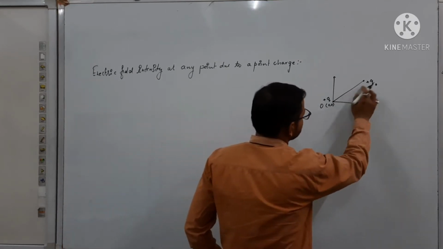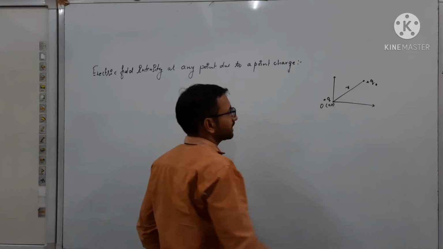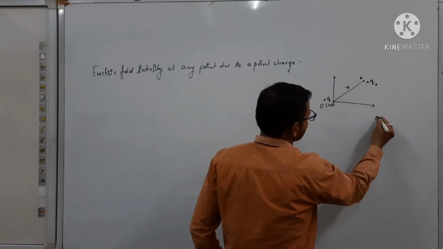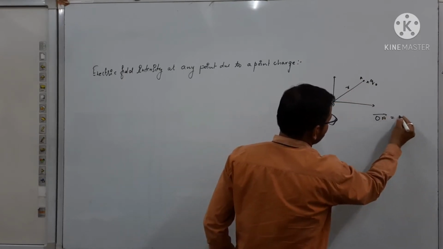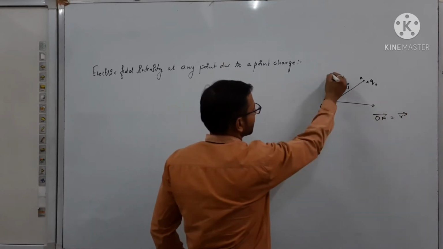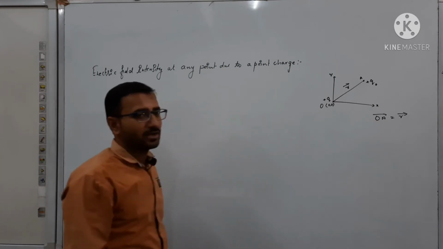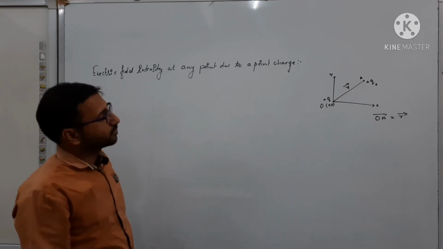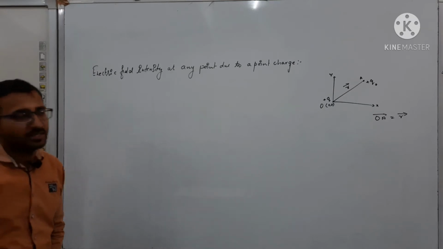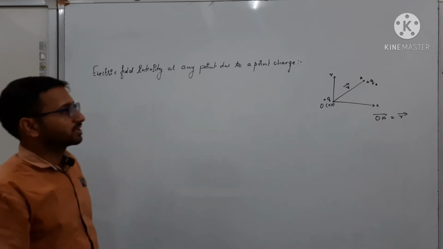Got it? The distance between these two charges is r, and in terms of position vector I will show this vector OA as equal to r vector. Here we will calculate the electrostatic force between these two charges so that we can easily calculate the electric field intensity due to these two charges.